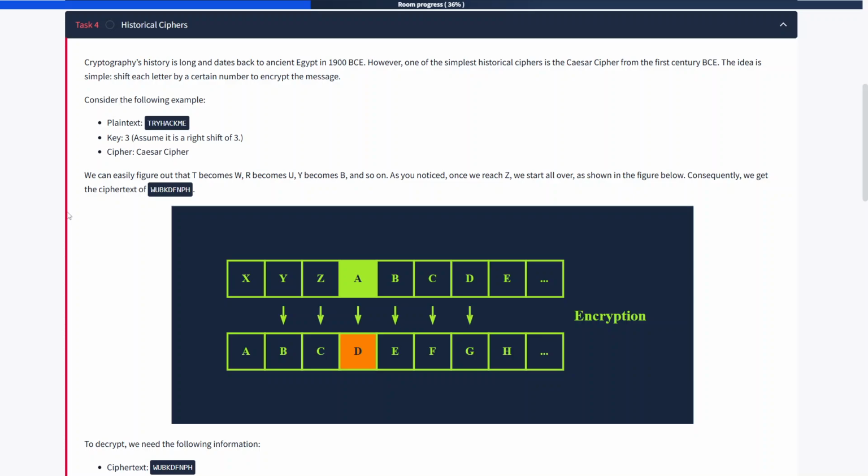Consider the following example. If we take the plain text as try hack me and the key would be 3, assume it is a right shift of 3, and the cipher is Caesar cipher.